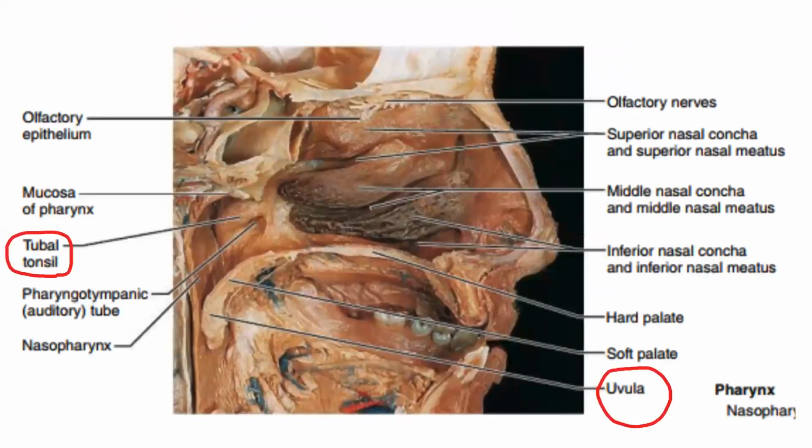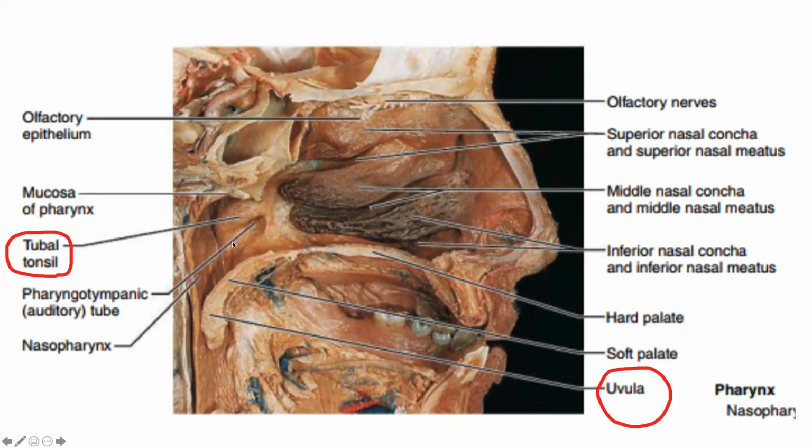So just looking in the cadaver, we see the superior nasal concha, middle nasal concha, and inferior nasal concha, and the superior, middle, and inferior nasal meatus. And if you look a bit more carefully, there is an opening here at the entrance, at the junction of the nasal cavity and nasopharynx, which is called the auditory tube, which is also called the pharyngotympanic tube.